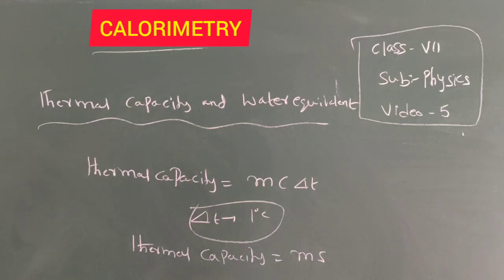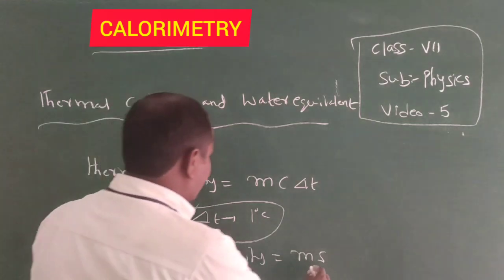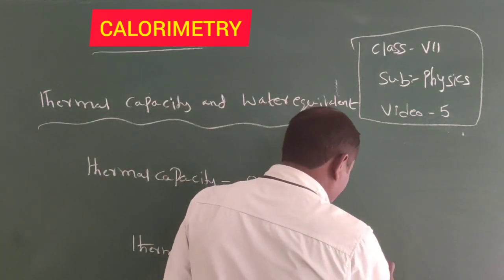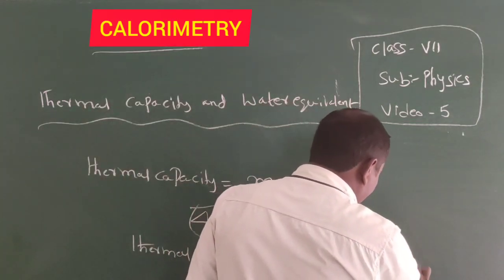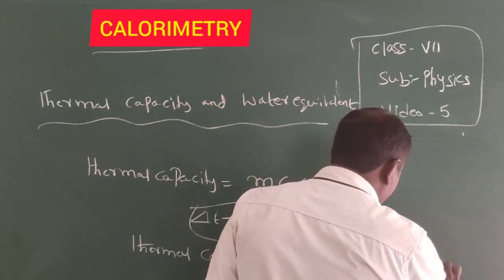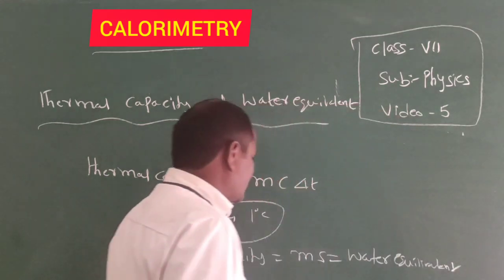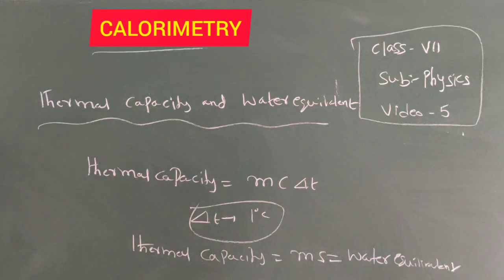That means thermal capacity and water equivalent are both equal. The product of mass and specific heat capacity is called water equivalent.